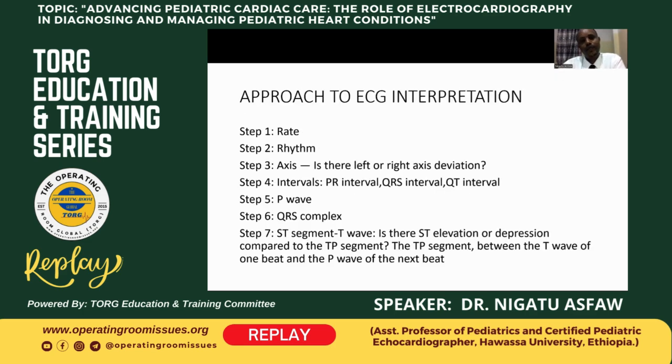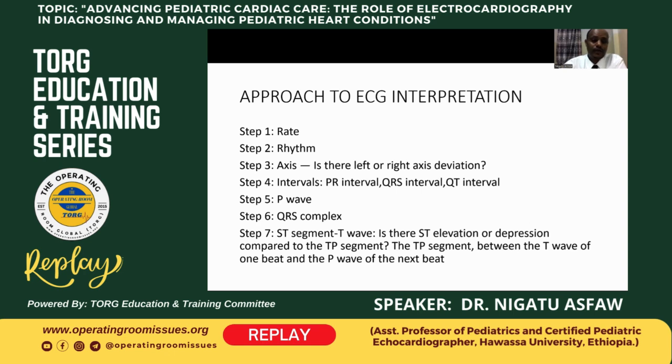And when we approach ECG interpretation, there are steps we should follow in all ECG interpretations. First, we need to see the calibration and the speed of the ECG paper, whether it is standard or not. Second is the rate.